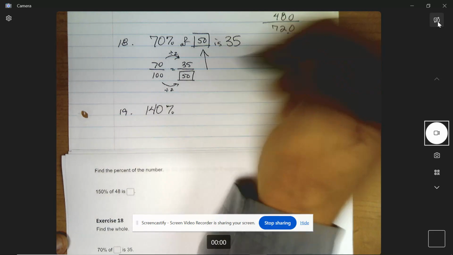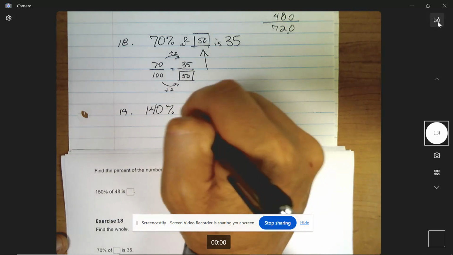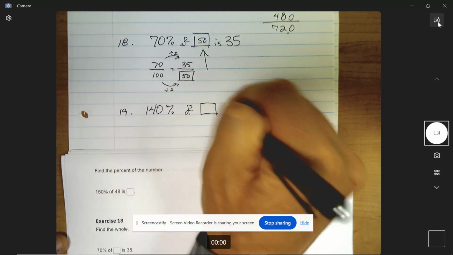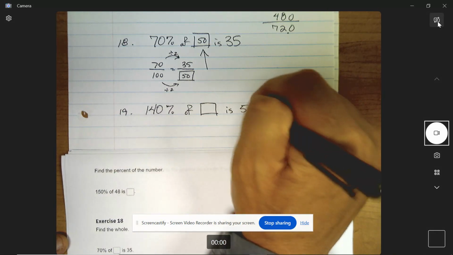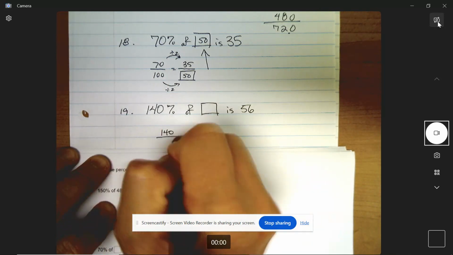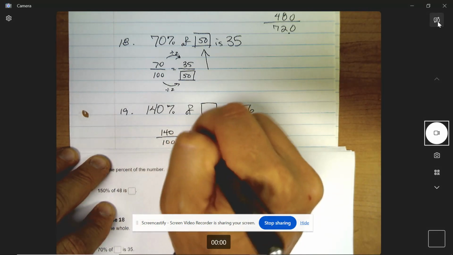So that's going to be our number, the actual answer. 140% of what number is 56? All right, so let's think about this. 140, 56.